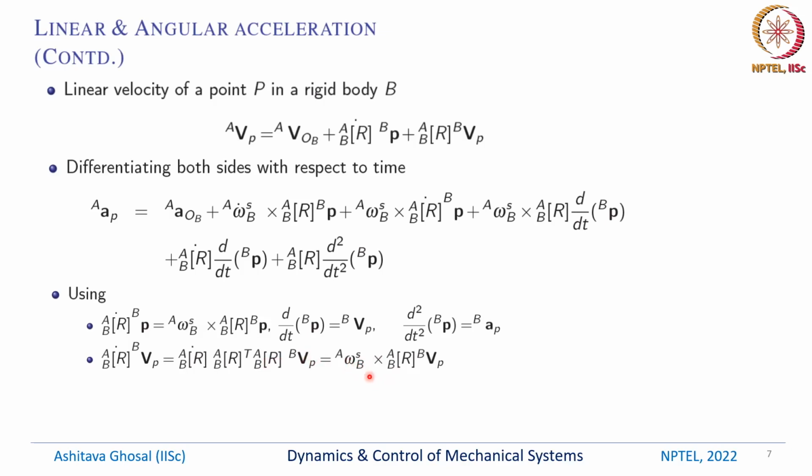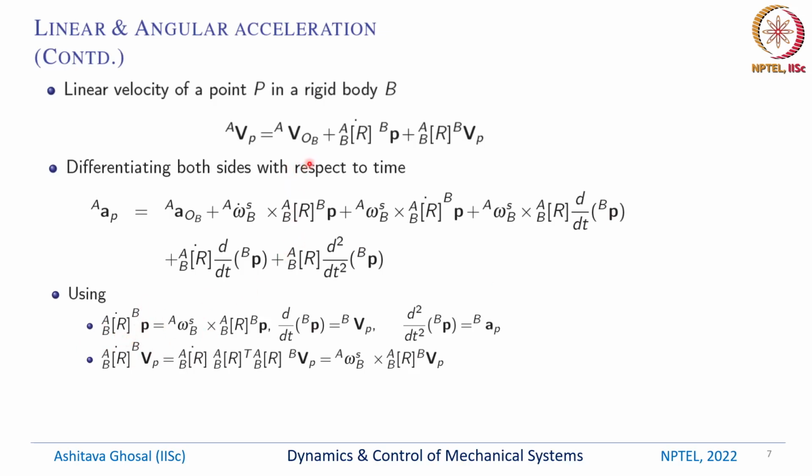So you will get A omega B cross ABR BVP. Think about it a little bit. It is nothing but simple chain rule, using the derivatives, and also making sure that we understand the derivative of a rotation matrix.